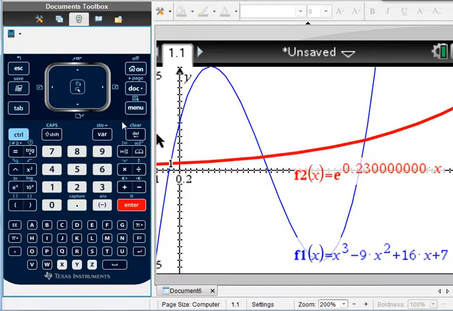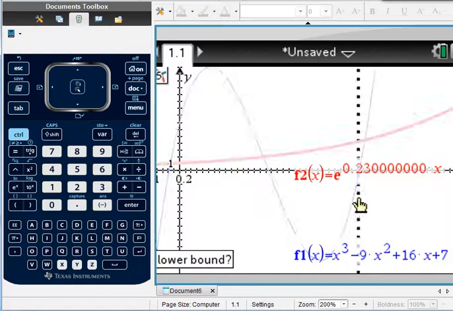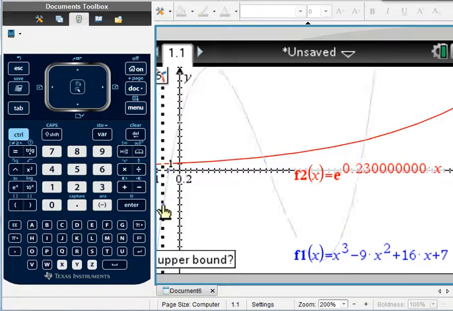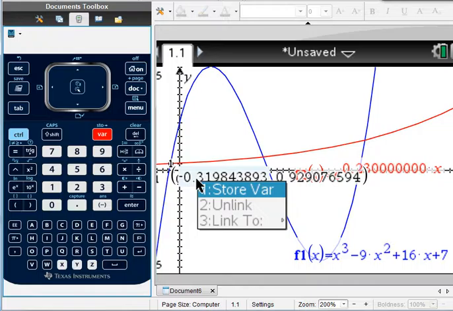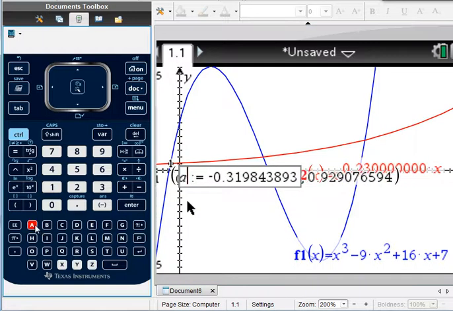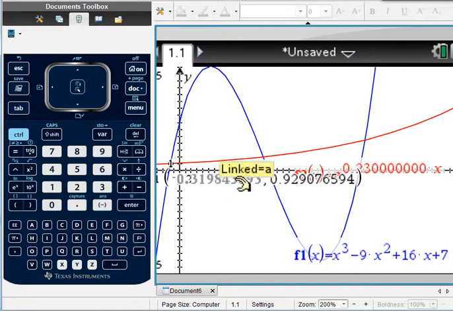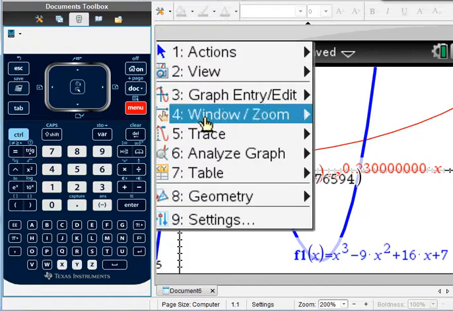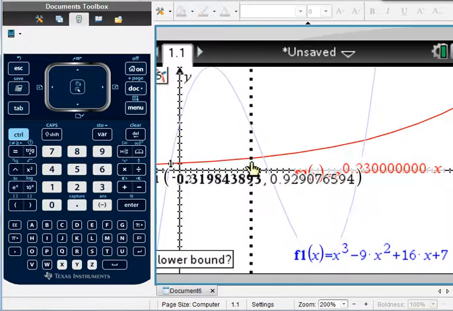So now let's go ahead and find our points of intersection. New, analyze graph, intersection. There's the first one. Store it as A. Second one.